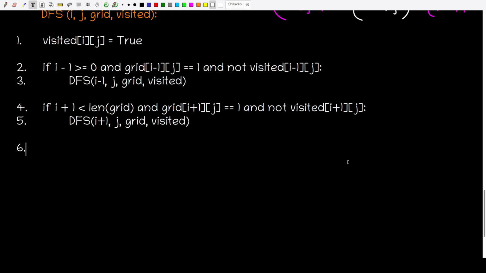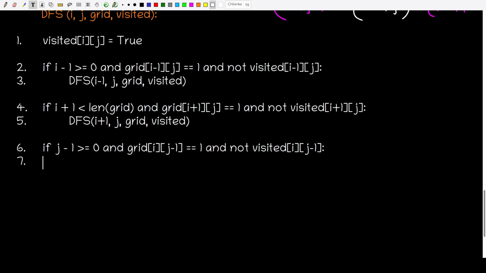And the same goes for left and right cases. So first let us look at the left case. So if j minus 1 is greater than or equal to 0 and grid of i, j minus 1 equals 1, and it is not visited, then in such case we will perform a DFS on the left node as well.